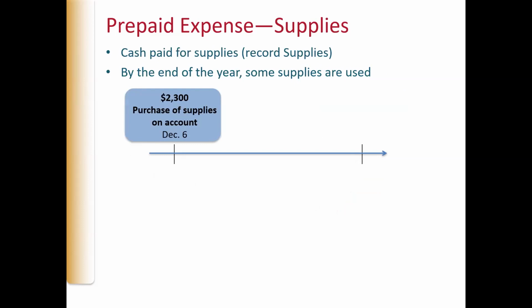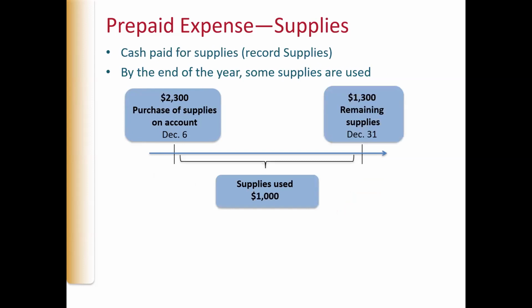Another example, cash was paid for supplies. So on December 6th, we purchased $2,300 of supplies on account. But during the month, we used up $1,000 of those supplies. So really our asset supplies should only have $1,300 in it.